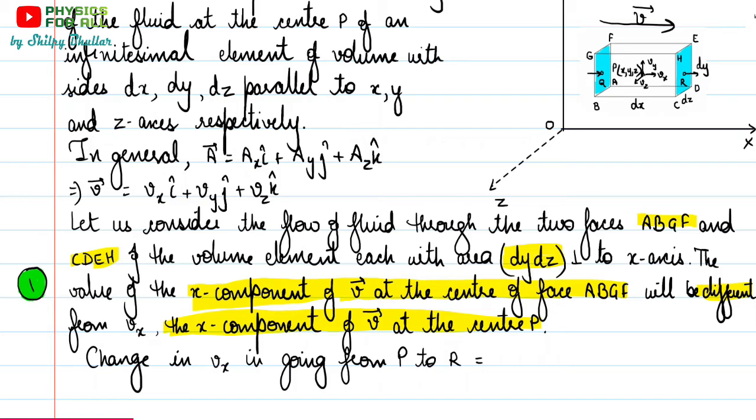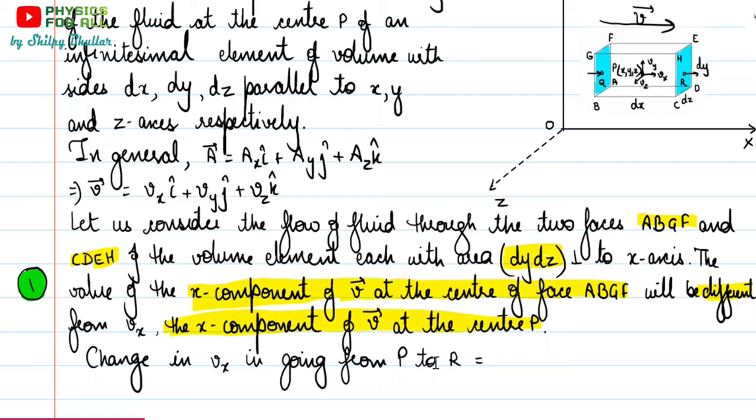Now suppose this fluid is moving from P to R, so there is a change in Vx, and here Vx represents magnitude. Since we have not written any arrow overhead, this is the magnitude, basically the x component of velocity. So this is the change in Vx in going from P to R, because there is no change in Vy and no change in Vz, only Vx is changing.